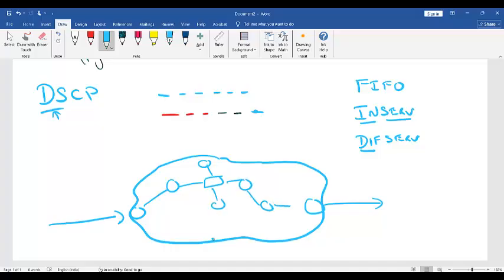I don't want to make a big picture. You know it. So you will have many switches, many routers in your organization. They all make one autonomous system. As the traffic enters, you set some priority so that within your organization, that traffic is given the same level of treatment.